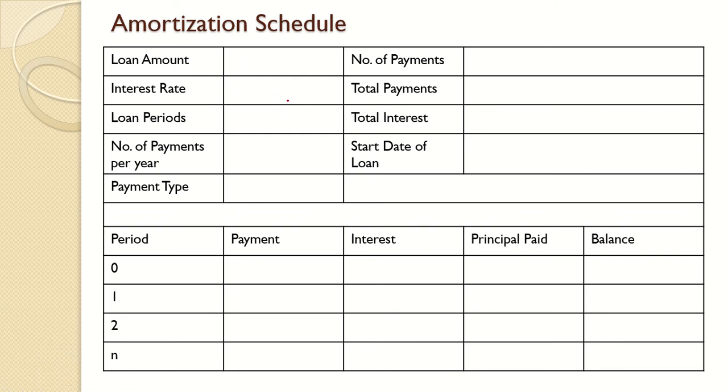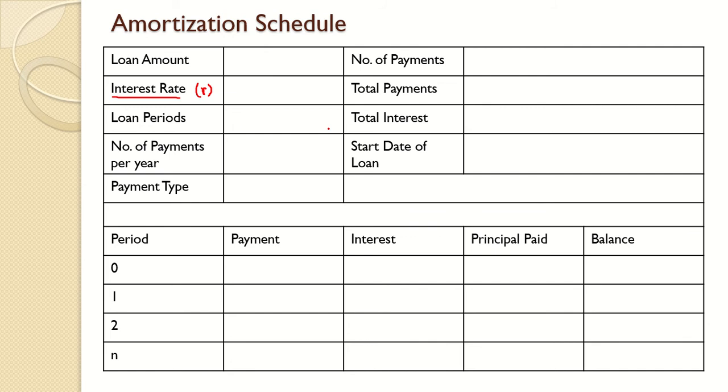Then the interest rate. You have to take note here that if this is I, no, if this is I is equal to R over M. However, we will use a nominal rate of interest for this one. So we will be placing the nominal rate of interest.